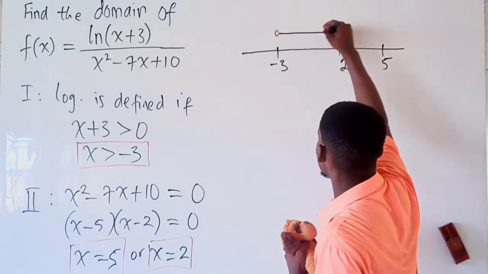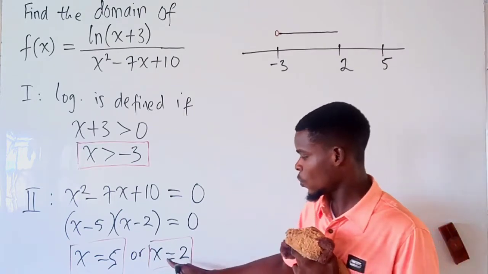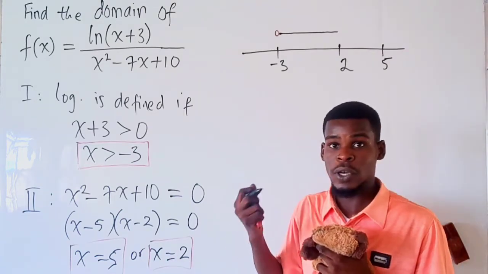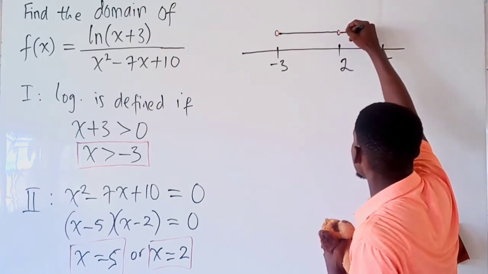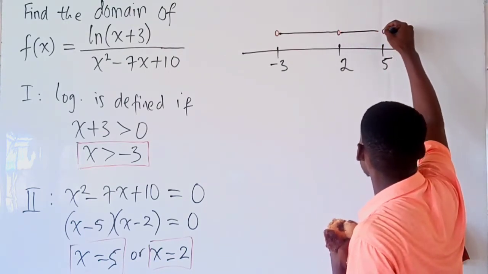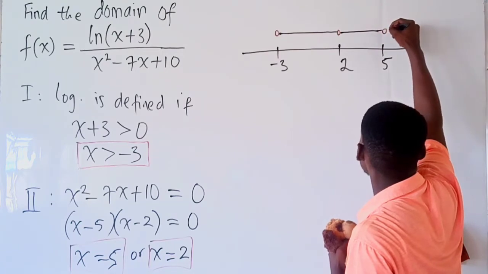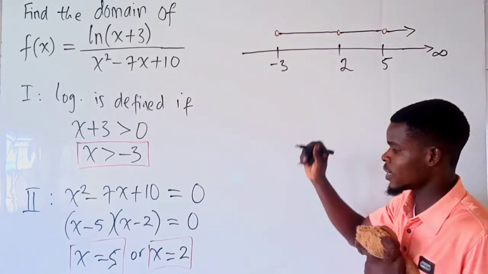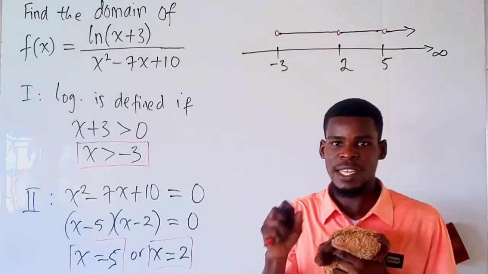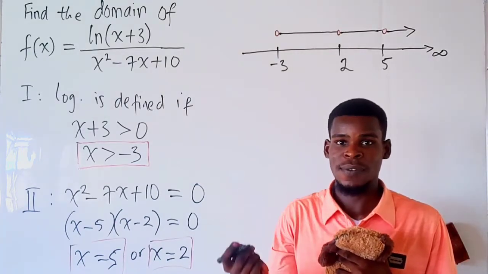We move forward. Now notice, if x is equal to 2, then that function will be undefined, so x should not be 2 as well. And x should not be 5, because 5 will make the denominator 0. In other words, that function will still be undefined. Good. So what that tells us is that we are going to pick every real number bigger than negative 3, except 2 and except 5.